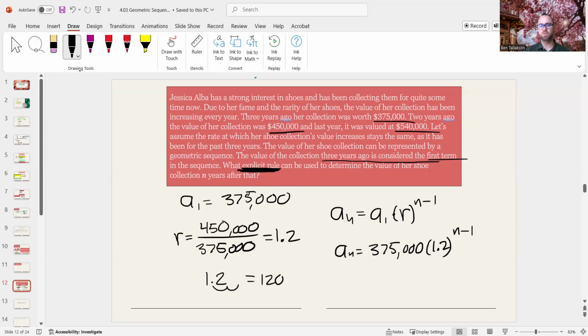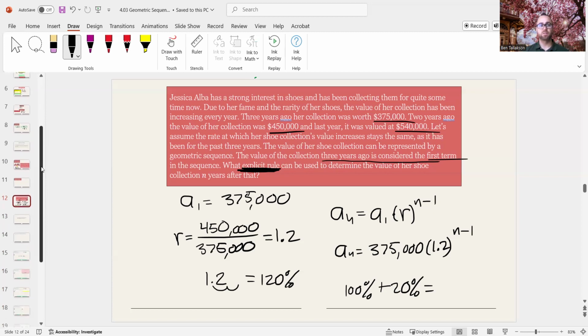That would be 120%. So you'd have the initial amount, right? Let's say 375,000 plus an additional 20% to give you the 450,000. That seems accurate. It's a strong increase, but not completely mind-blowing.